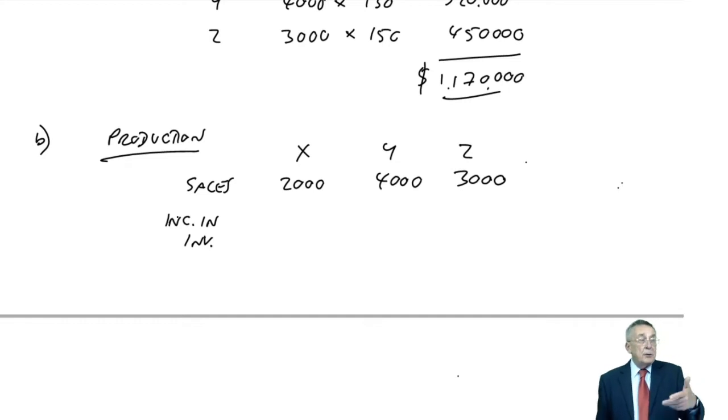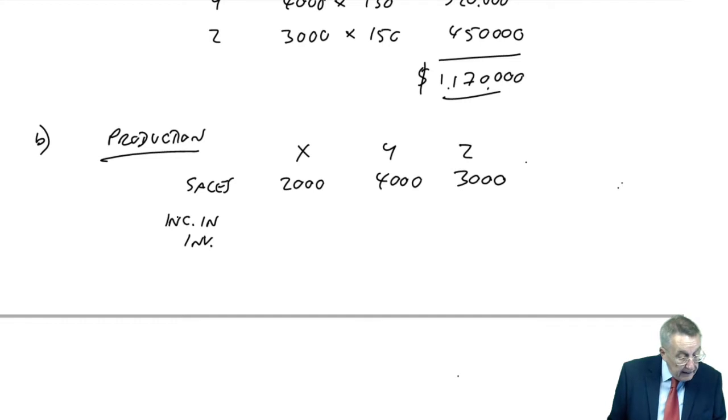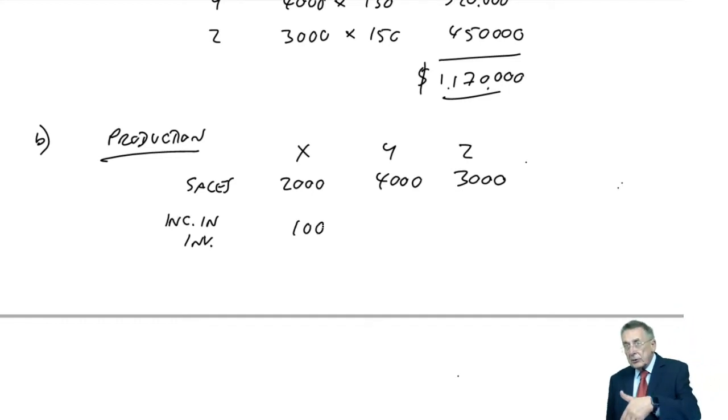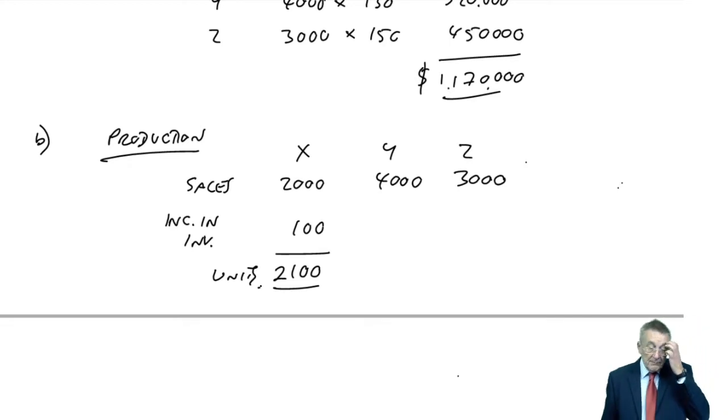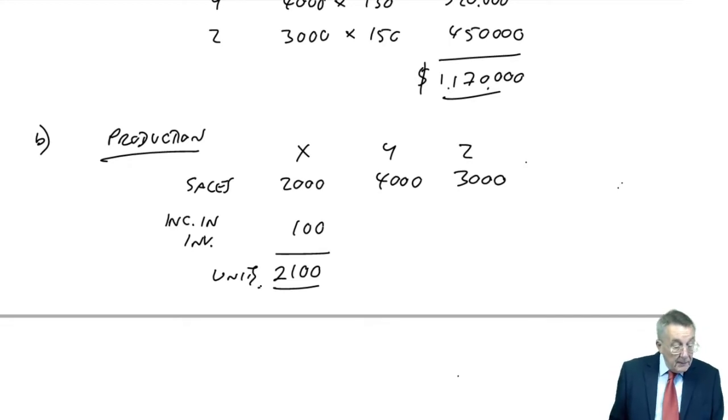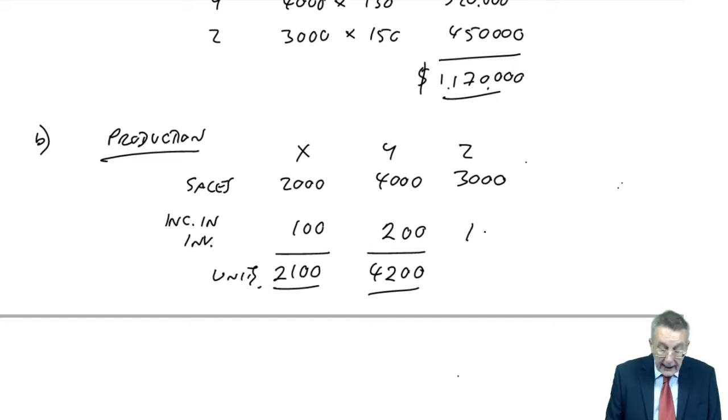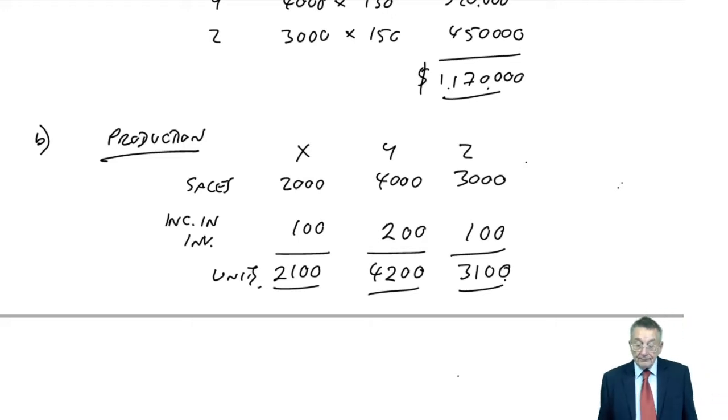So if you intend to sell 2,000 and you want to increase your inventory by 100, to be able to sell 2,000 and increase inventory, we'll actually need to produce 2,100 units. And similarly for Y and Z. Y we want to increase by 200 units, so we'll produce 4,200 in total. Z, again 100 units, so we'll produce 3,100 in total.